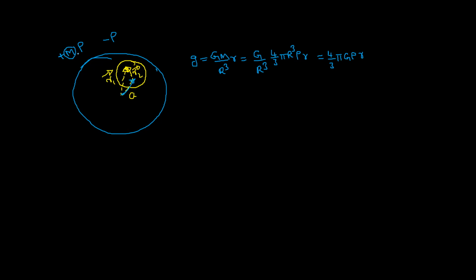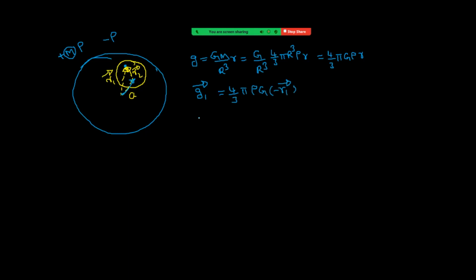Now, because of this positive mass, imagine here one positive mass. This positive is attracting that positive. That means because of the bigger one, G1 bar is equal to 4 by 3 pi rho G into minus R1 bar.